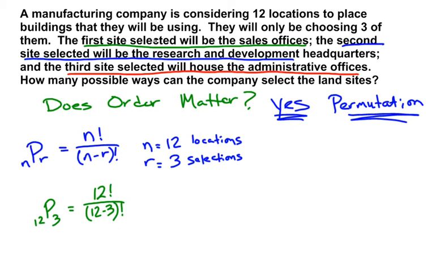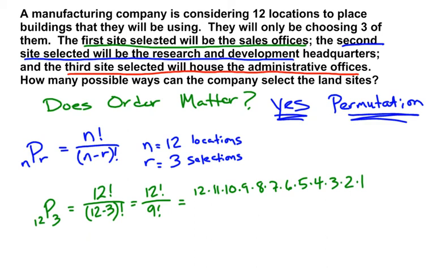It means that we are multiplying all of the integers less than or equal to that value. So in this case, I have 12 factorial over 9 factorial. That's going to be 12 times 11 times 10 times 9 times 8 times 7 times 6, 5, 4, 3, 2, and 1. And that takes a lot of time to say, but that's what it means.